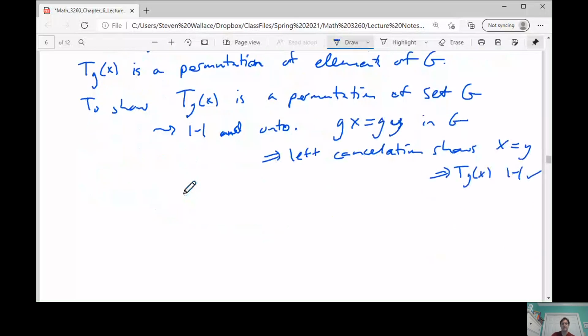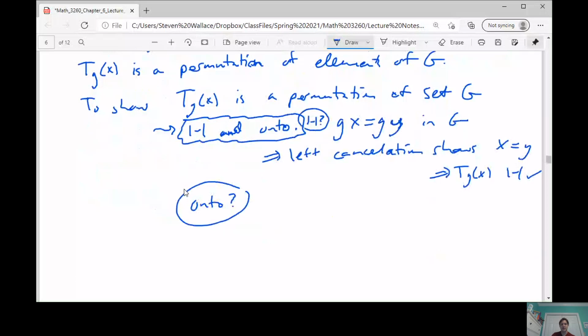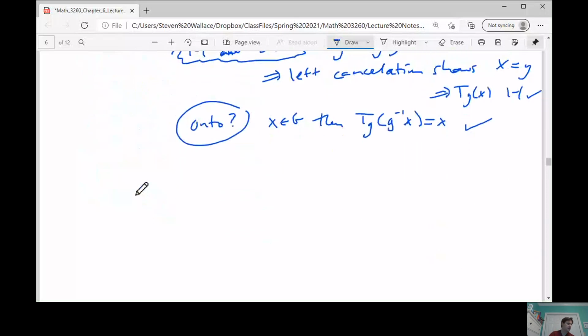Is it onto? To show this onto, notice that if x is in G, then Tg of g inverse x is x. Okay, so it is onto. So Tg is a permutation of the elements of G.